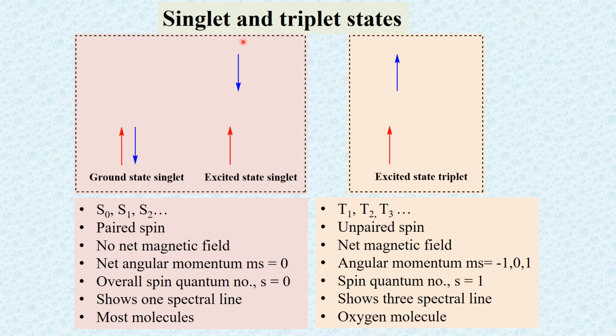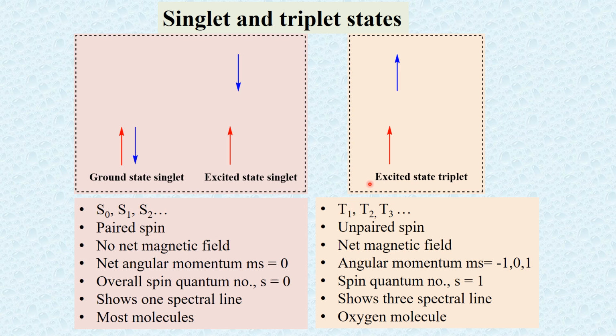What are singlet and triplet states? If the two electrons are paired, this state is called a singlet state. They can be in a ground state singlet or an excited state singlet. But in both cases, their spin is paired. One is clockwise and the other is anti-clockwise.